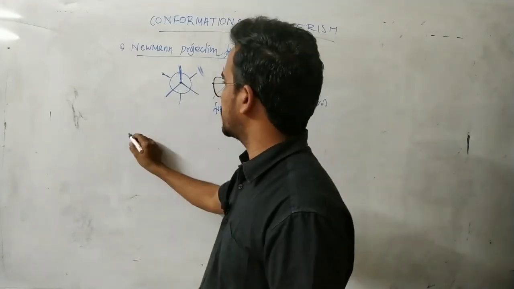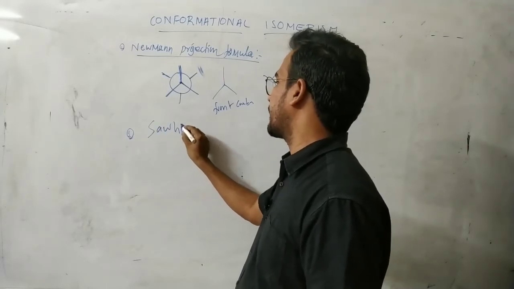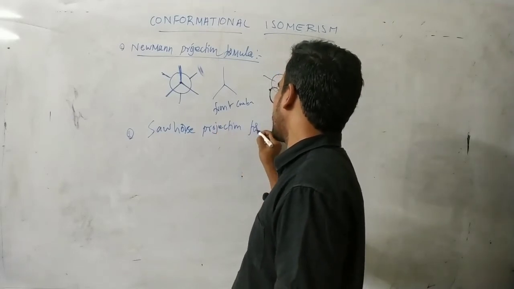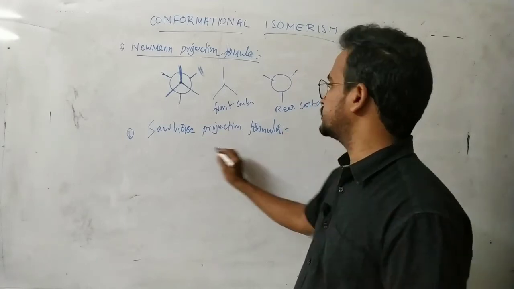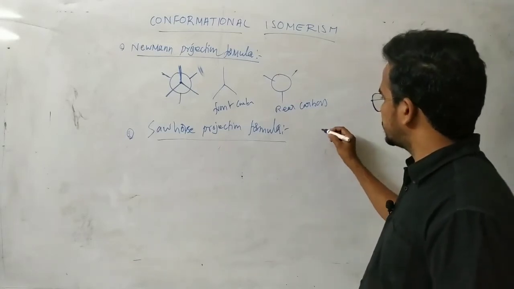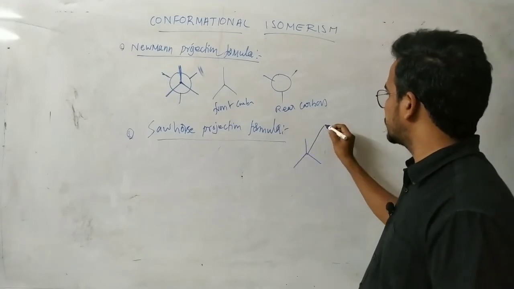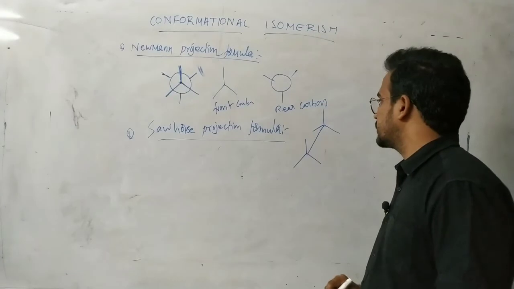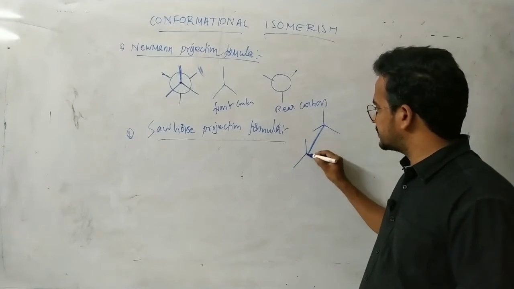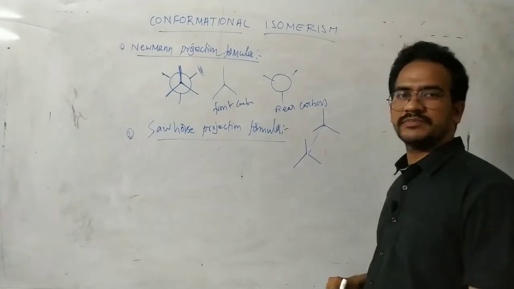Next, another way of representation is the Sawhorse projection formula. In this Sawhorse projection formula, the molecule is written like this. This is a bond, this is a bond, this is a bond, this is a bond. The molecule is written along a tilted, bent line.